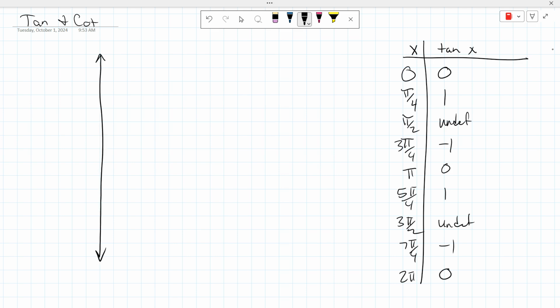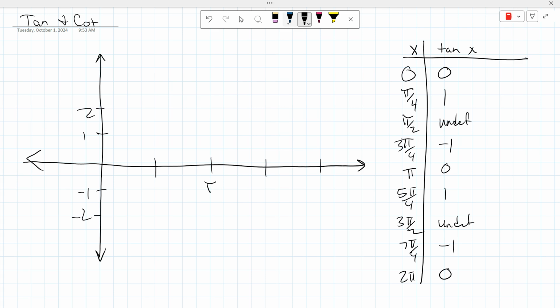Well, it looks like this. So at 0, we're at 0. At pi over 4, we're at 1.